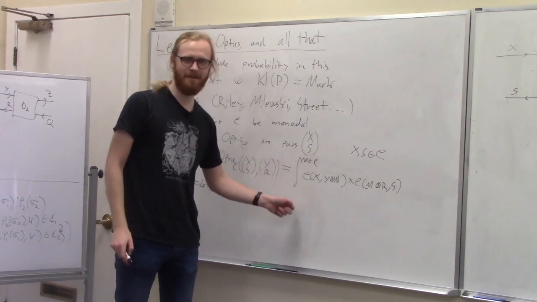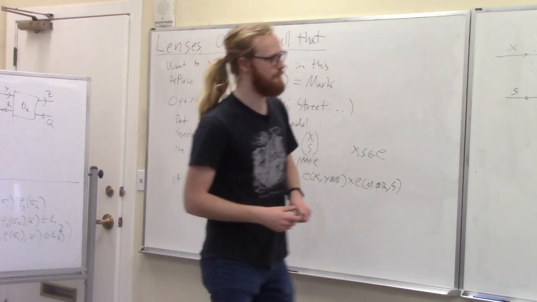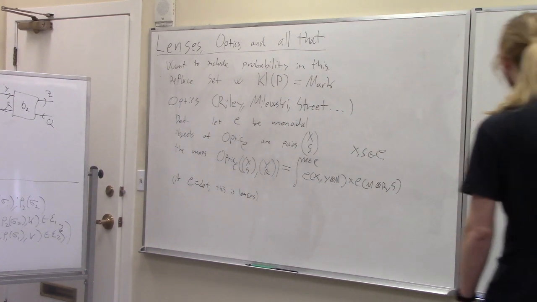Then what the hell is up with this coend thing? If you don't know what a coend is, the point is just that we want to quotient, for every M, by an equivalence relation.